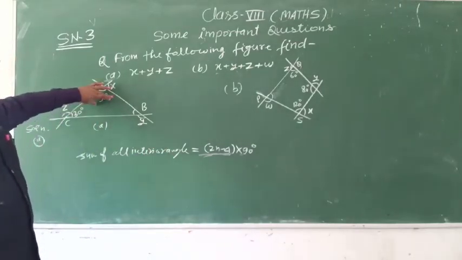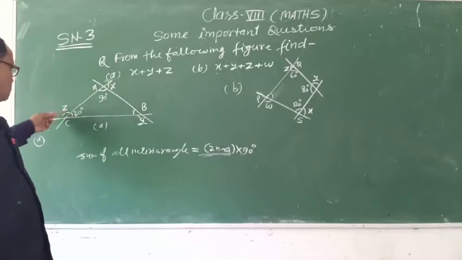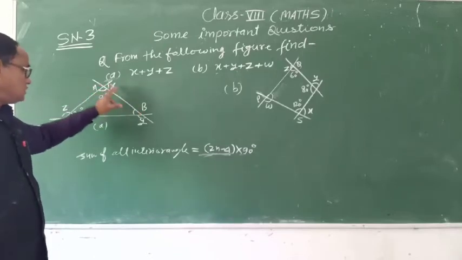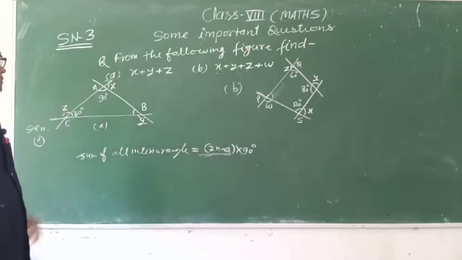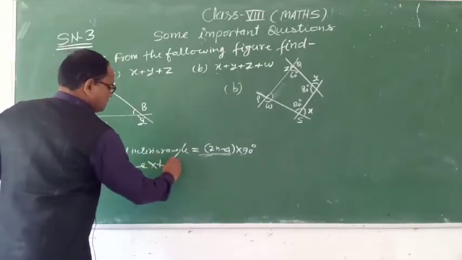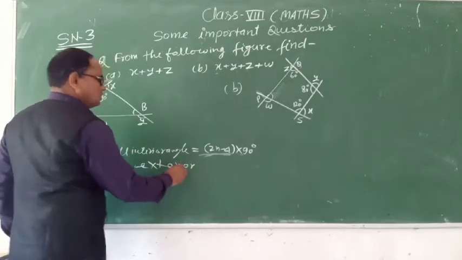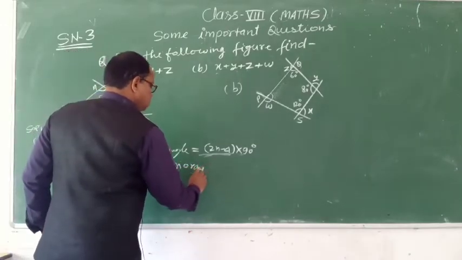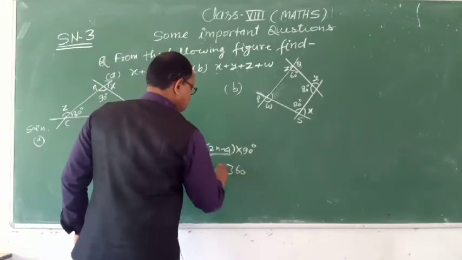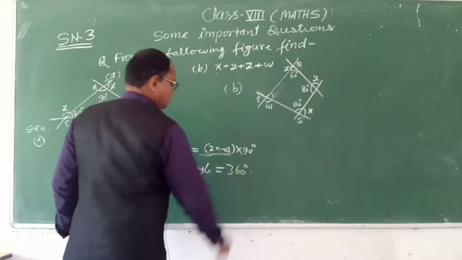of a polygon, and you know that the sum of all exterior angles is equal to 360 degrees always.